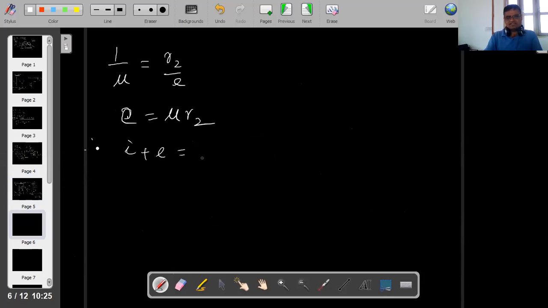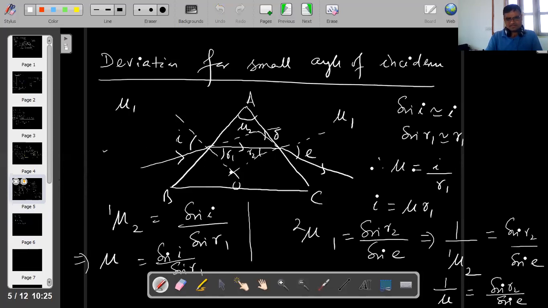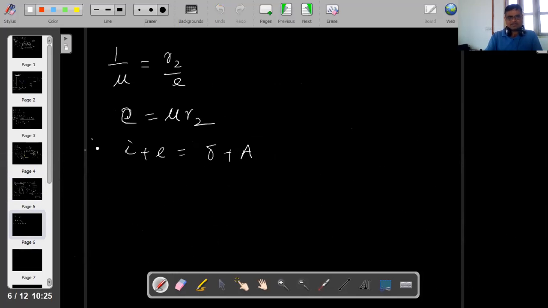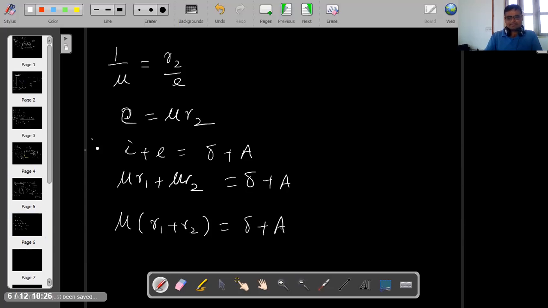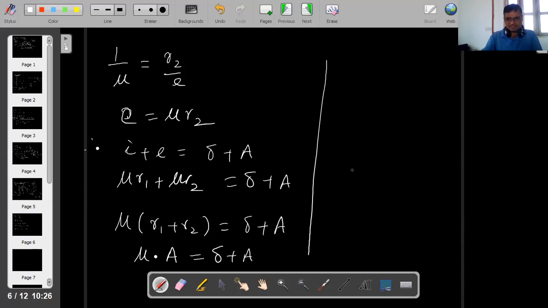I plus E is equal to delta plus A. My I is mu R1. Mu R1 plus mu R2 is equal to delta plus A. If you take out mu common, mu times R1 plus R2 is equal to delta plus A. R1 plus R2 is what? We know R1 plus R2 is A, the angle of prism. So here delta will be mu A minus A.